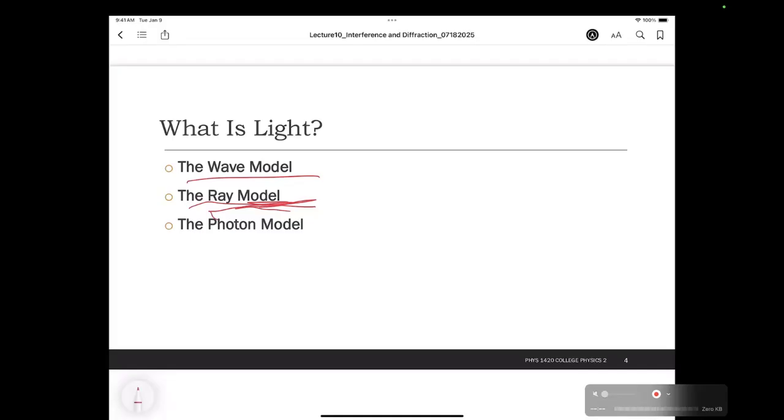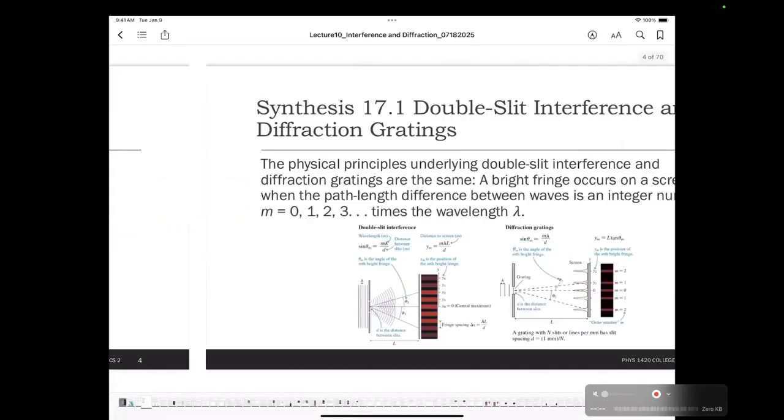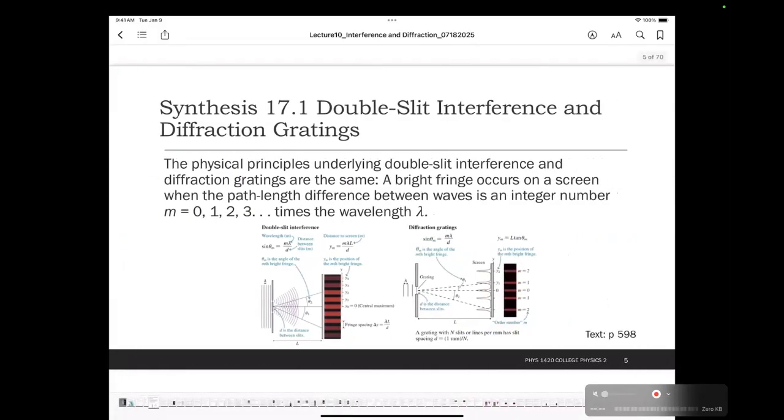Much of quantum theory is beyond the scope of this course, but we will explore some in chapter 25. So in this chapter we mainly focus on the wave model.